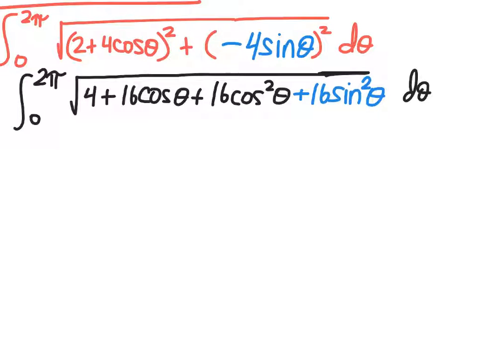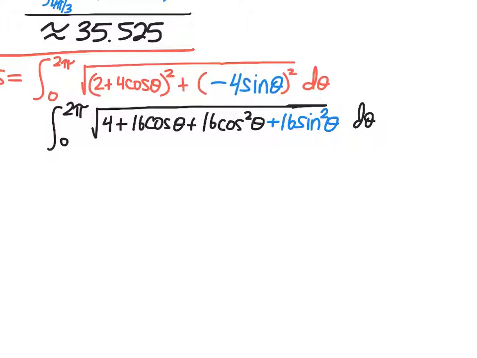So what I can do is factor out a 16, and I'll have cosine squared theta plus sine squared theta. So that's what this part is equivalent to. And cosine squared theta plus sine squared theta is equal to 1, so it zaps away.